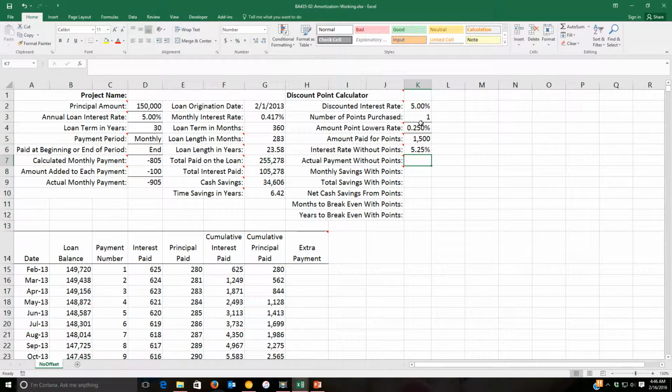Now we need to calculate the actual payment without points, and that's a little challenging because we are using a different interest rate. We can't just look over here and use our periodic interest rate because it's based on the discounted interest rate. We want to use this interest rate. So I'm going to walk you through a little exercise that we've talked about in class where we calculate a difficult portion of a function in another cell, and then we just copy and paste it in there because we want to use the payment function in Excel like we used over here.